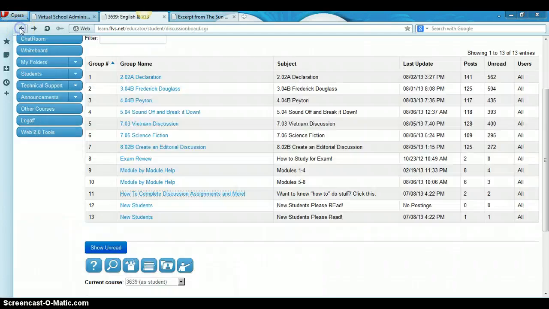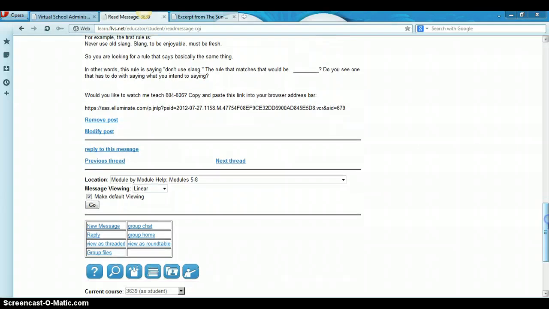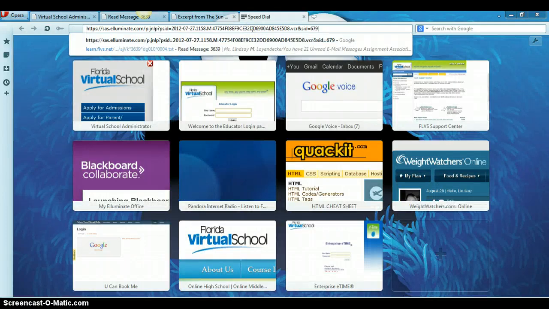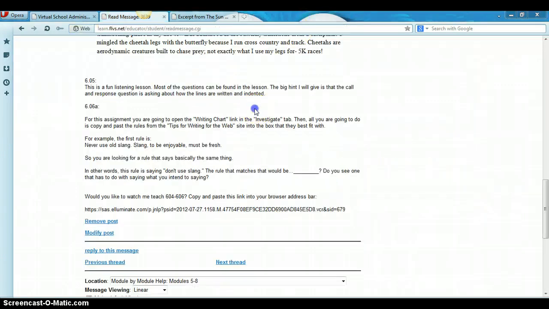If I go to module by module help and I go to module 6, you can see that if you're looking at all of this and you're deciding that it's too much and you want to have more help, all you need to do is come here, copy that, paste that in there, and just click enter, and it will walk you through me teaching all of these lessons out loud. I'm not going to open all that up right now, but it's also going to have tips for the vocabulary in there should you need it.